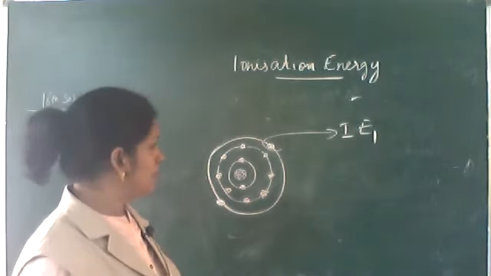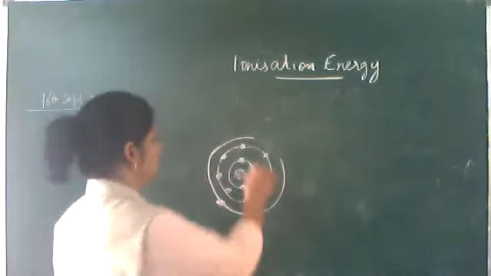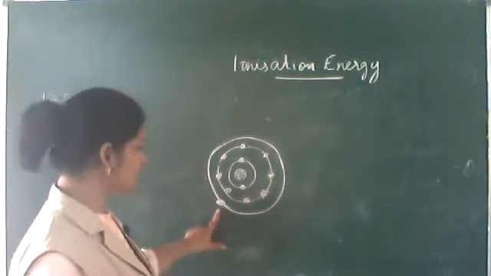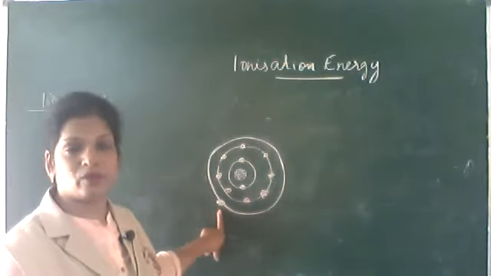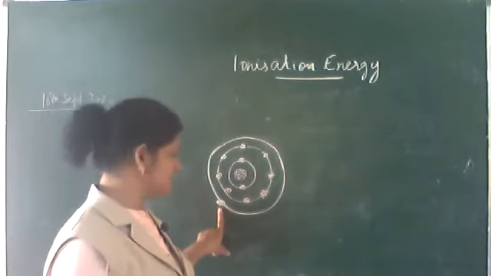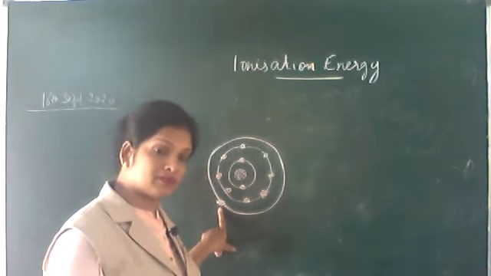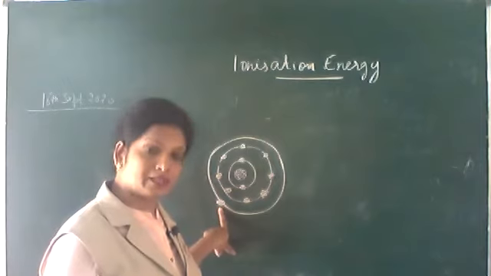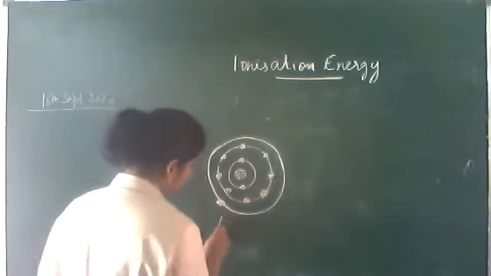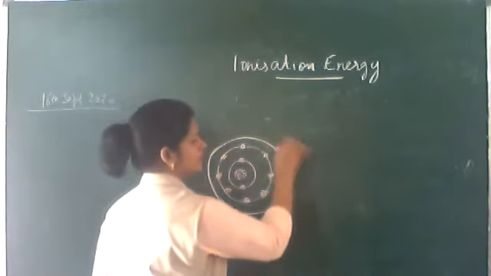Now you removed this, second ionization enthalpy. When it comes to second ionization enthalpy, magnesium will become quite happy. That means second ionization enthalpy will be very less because after the removal of this one electron, magnesium will attain octet stability. So here I-E2 is very less compared to I-E1.